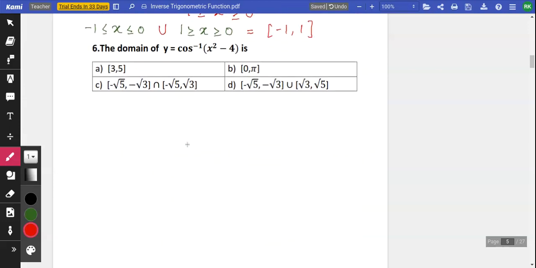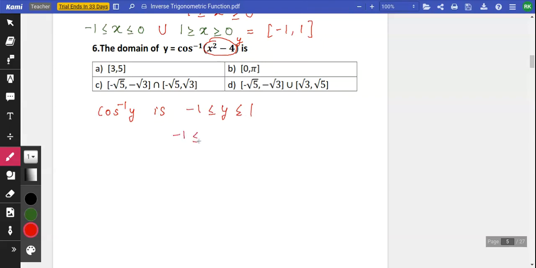In sixth question, find the domain of cos inverse of x square minus 4. Suppose this term as y and the domain of cos inverse y is minus 1 to 1.